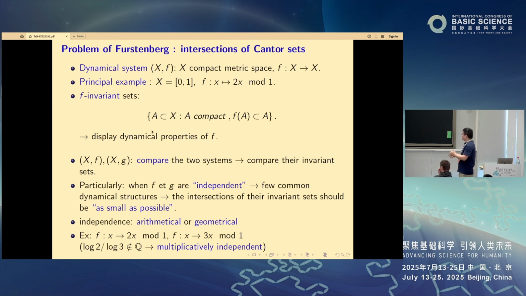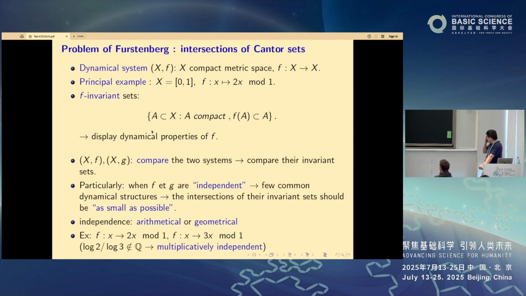Now, if we have two systems, F and G, and you want to compare them, then it makes sense to compare their invariant sets. In particular, if these two systems are independent in some way, then it is expected that they should have few common dynamical structures, and then we expect that the intersection of the invariant sets should be as small as possible.